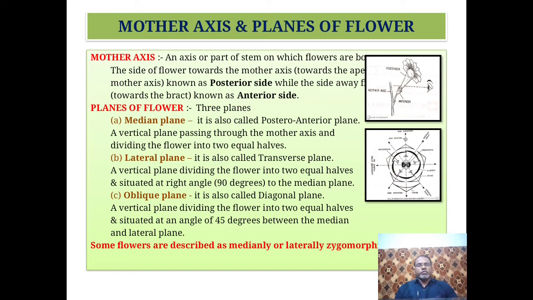And third one is oblique plane. It is also called diagonal plane, a vertical plane dividing the flower into 2 equal halves and situated at an angle of 45 degrees between the median and lateral plane. Some flowers are described as medially or laterally zygomorphic.